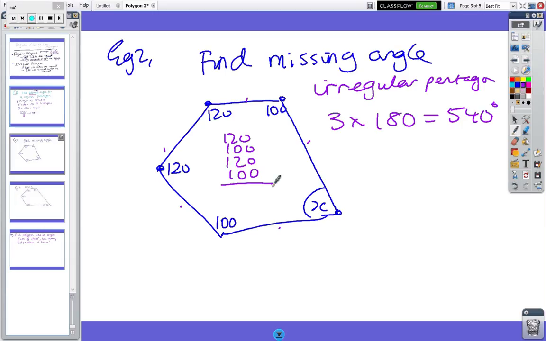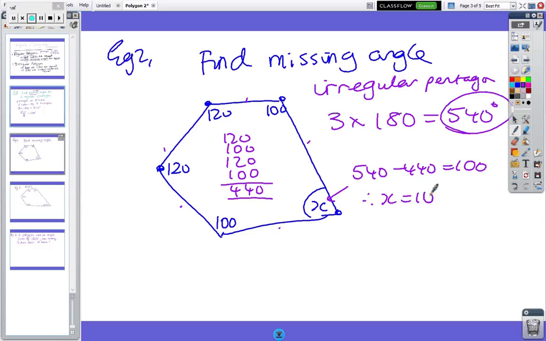So I add up those numbers, and I get 440 degrees. But the total is 540. So the difference, 540 minus 440, equals 100. So in this one, x is just 100, the missing angle. So they average to 108, but they don't all have to be 108. Okay, so copy that one and come across.